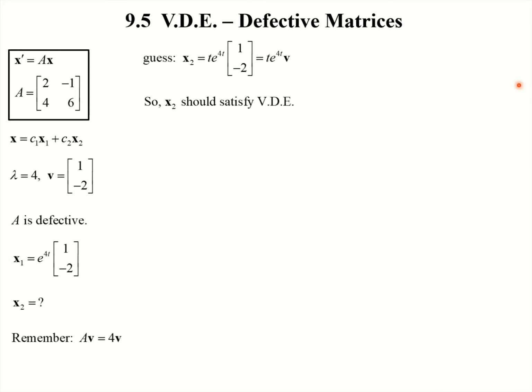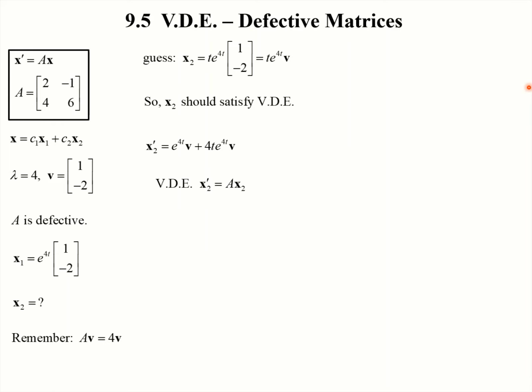The derivative of x2, which is t e to the 4t v, requires the product rule. v is a constant, and you have the derivative of the first times the second plus the first times the derivative of the second. And I'm going to plug x2 prime and x2 into this vector differential equation.